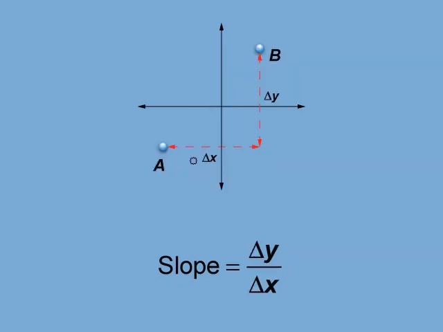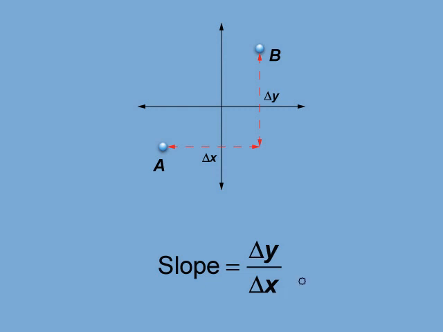The change in x coordinates we designate as delta x. The change in y coordinates we designate as delta y. The slope is the ratio of delta y over delta x. There are several cases to look at.